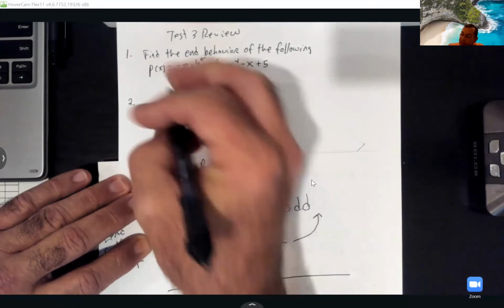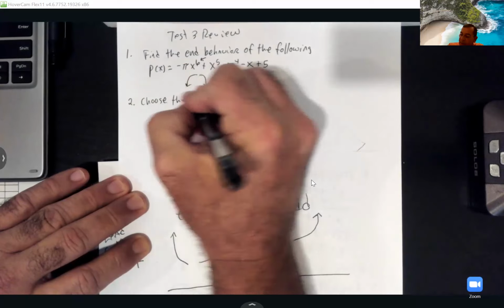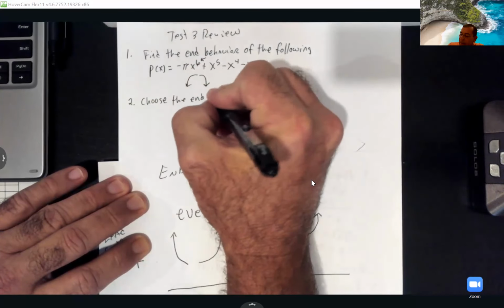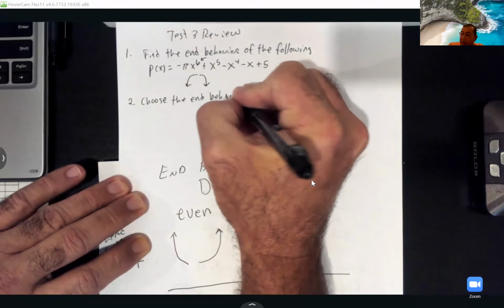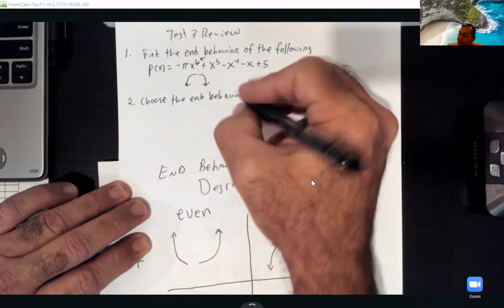Now, number 2 is the same thing. Choose the end behavior that best describes the function.